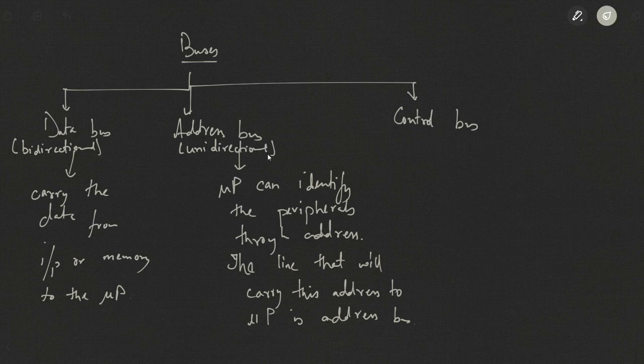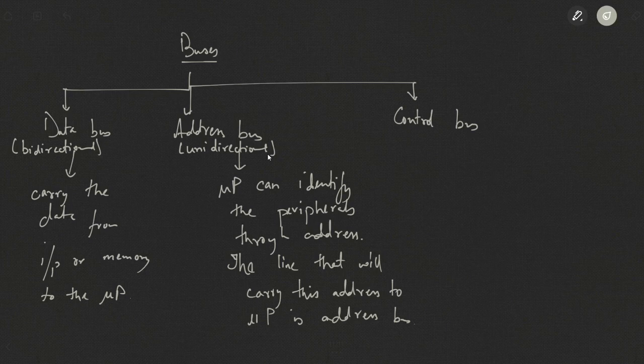Bidirectional means that the microprocessor will read the data from some location as well as write the data to some location. So the data bus has to be bidirectional. That means it will have to transmit signals to the microprocessor as well as take the signal from the microprocessor.